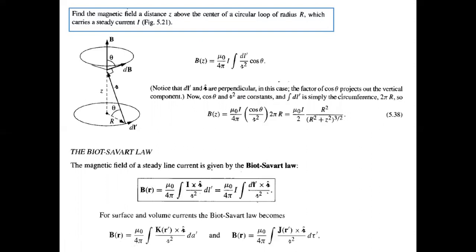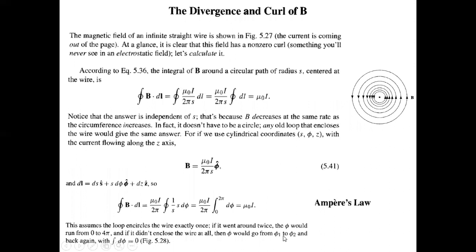So the magnetic field of a steady line current is given by the Biot-Savart rule, and we can also write it in terms of the K vector, so we are changing this current in terms of surface current density and volume current density, depending on the problem.